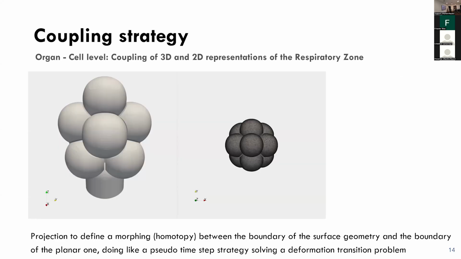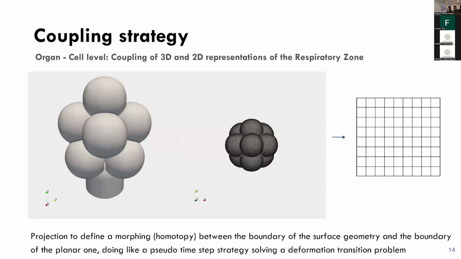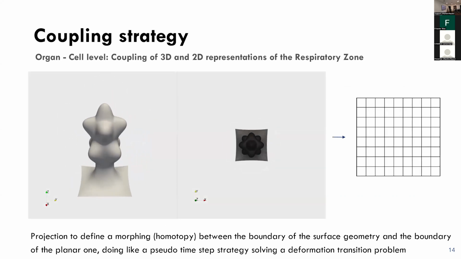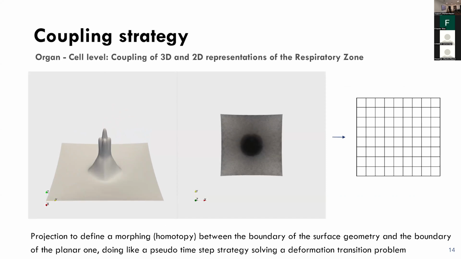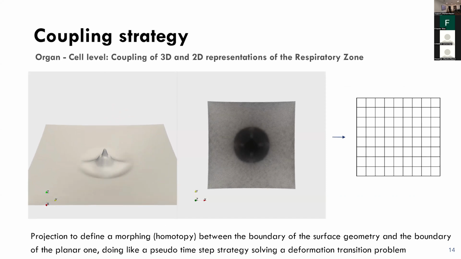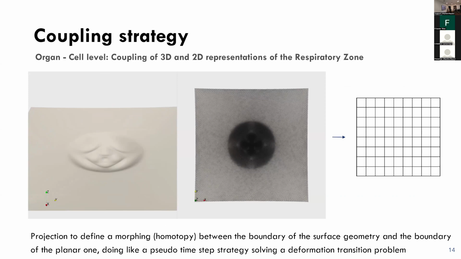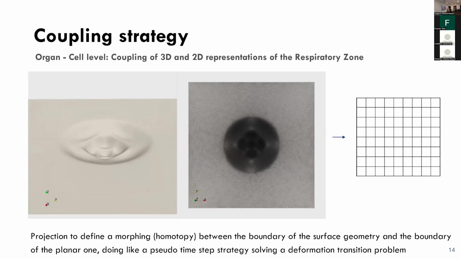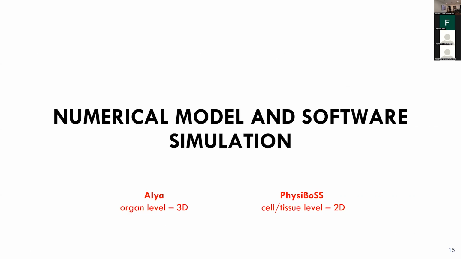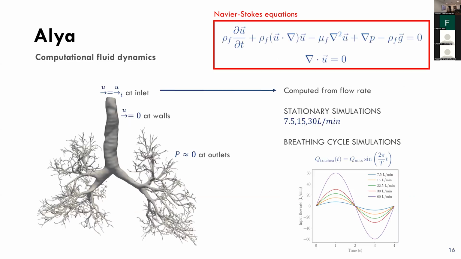Okay, regarding the spatial projection, this is an animation to see how we project, trying to minimize the error of the solution from the 3D to 2D plane. Okay, let's talk a little bit about the simulation software, ALYA. As I presented before, you know some details, but for the conductive zone, let me remark that the walls are not moving.